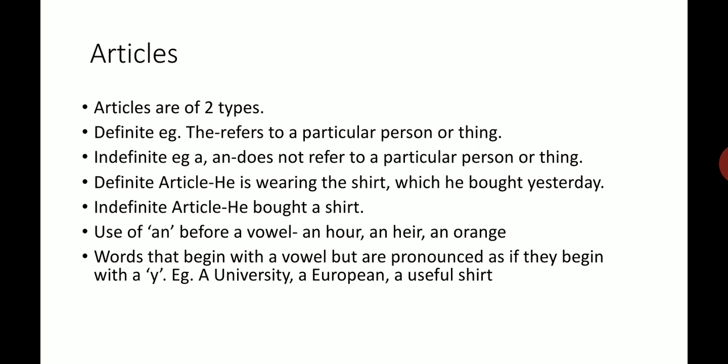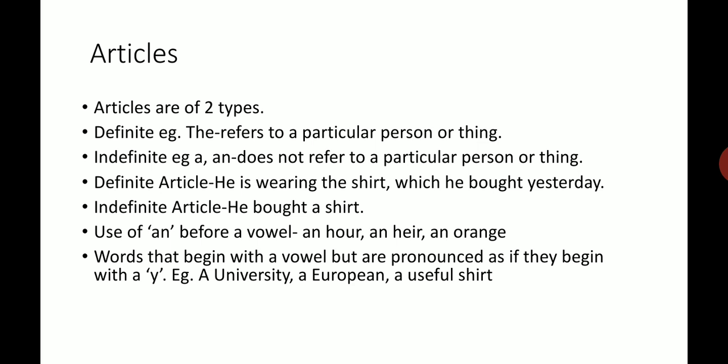Now, the indefinite article, a or an, they are used differently. A is used before consonants. For example, a box, a pen, a lion. And an is used before words beginning with a vowel.